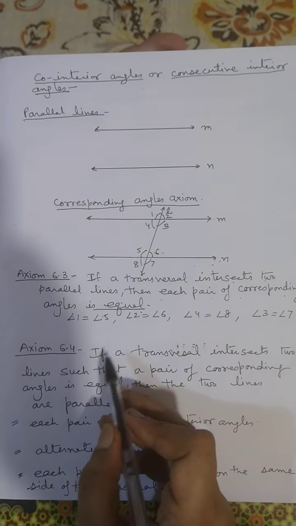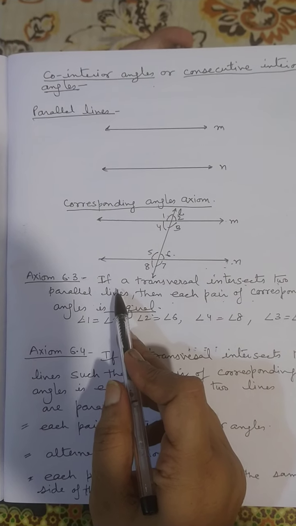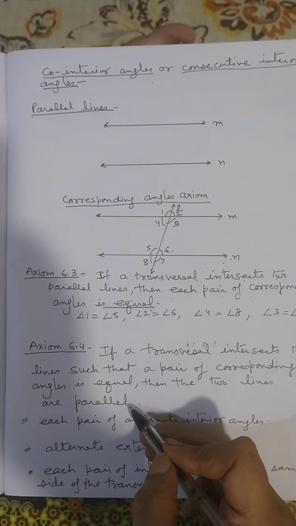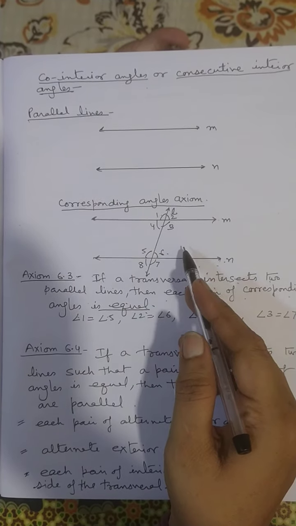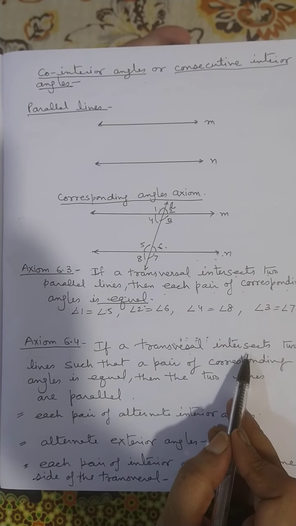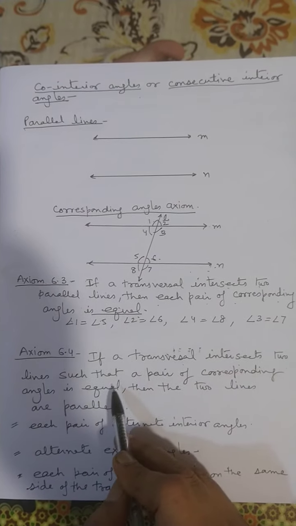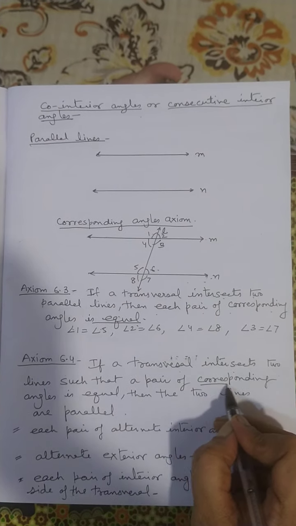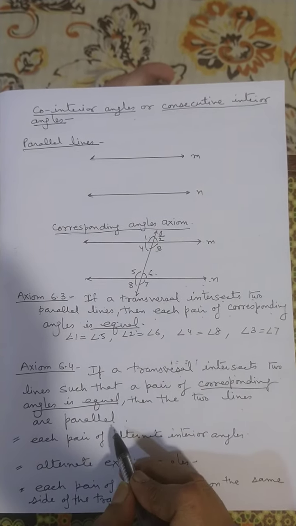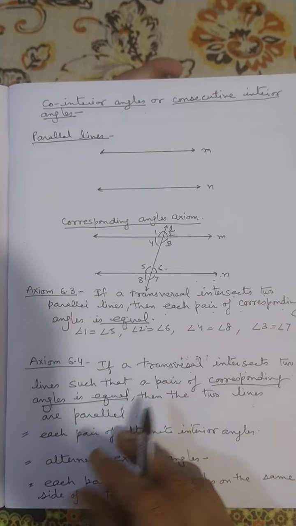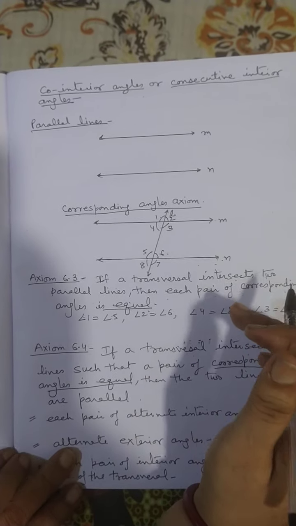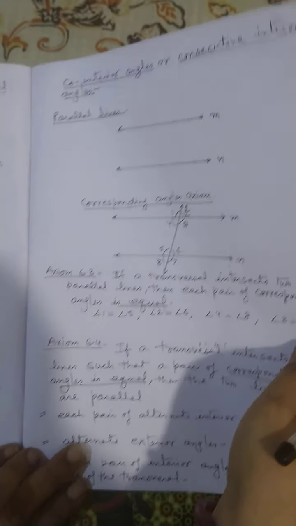And the second axiom is the converse of this axiom. It means if the corresponding angles are equal, then the lines are parallel. That is the converse. If a transversal intersects two lines such that a pair of corresponding angles is equal, then the lines are parallel.